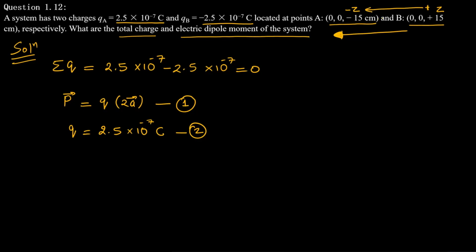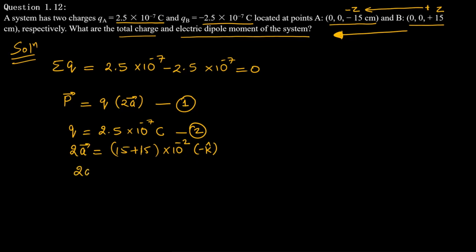So first of all, 2A distance magnitude part will be 15 plus 15, right? And it is in centimeter, so 10 raised to minus 2 we will keep, so it will be meter. Now from plus k cap to minus k cap, can I say the direction is minus k cap?